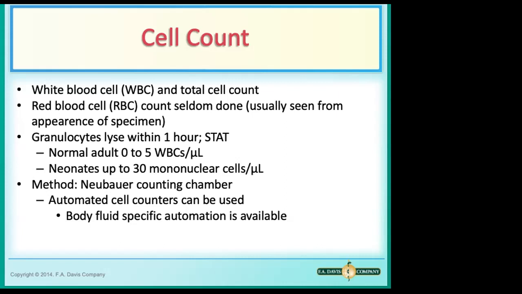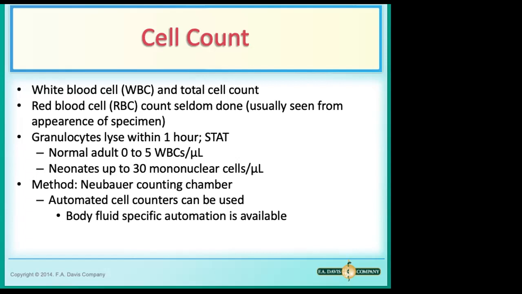I think you will see it performed manually when you do your rotation in hematology, because that's where the CSF cell counts are being done. There are different instruments you can use: the ADVIA, the Sysmex, and even Beckman Coulter has the ability to perform cell counts on CSF and things like that.